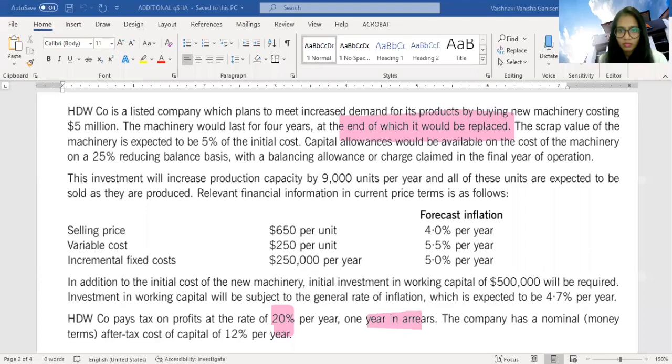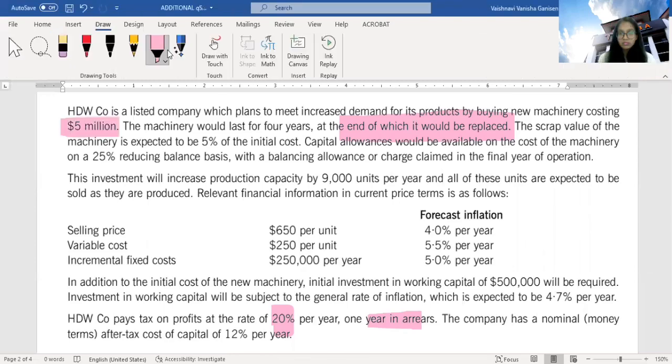So HDW is a listed company which plans to meet increased demand for its products by buying machinery costing 5 million. So guys, for HDW, the cost of the machinery is $5 million. The machinery would last for 4 years, at the end of which it would be replaced.